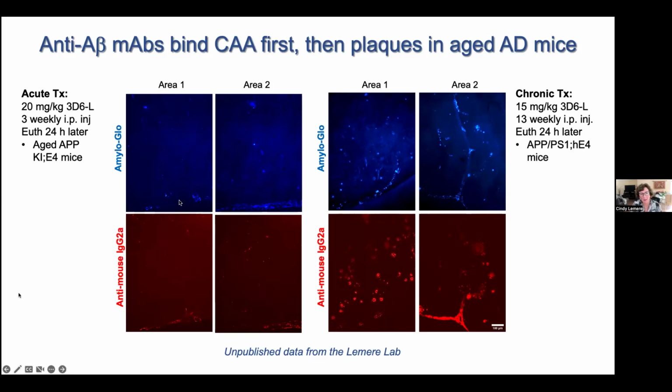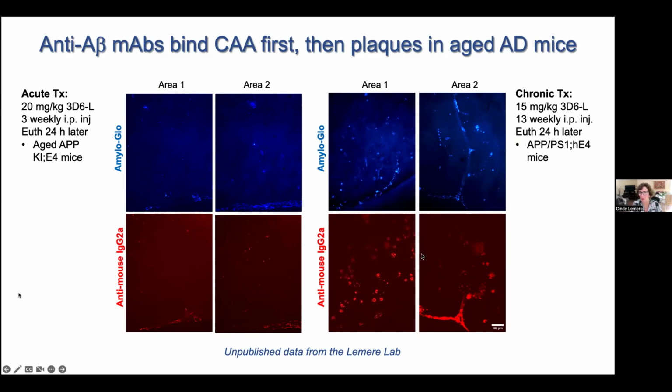In all 3 cases, we saw the antibody. This is beta amyloid showing the vascular amyloid, and note that these are 2 plaques. And then we noted, when we did staining for IgG2a, the isotype of the 3D6 antibody, that most of the IgG2a was bound wherever there was CAA, but it did not label the plaques.